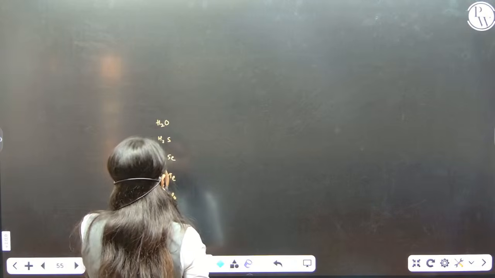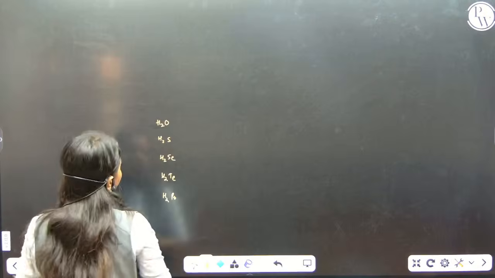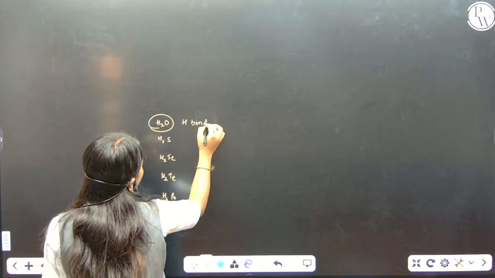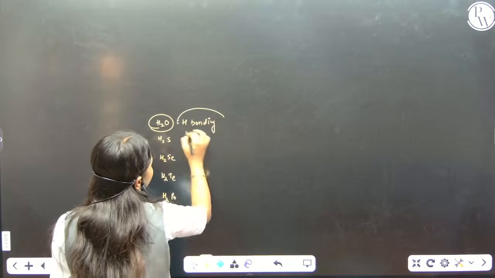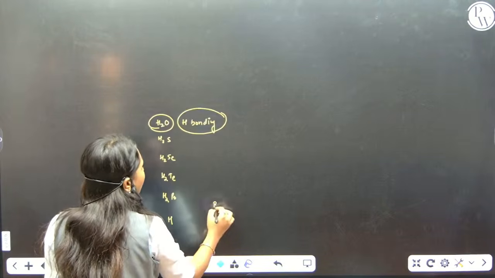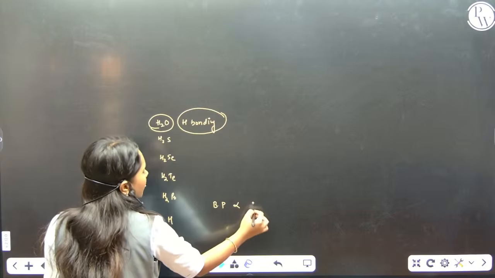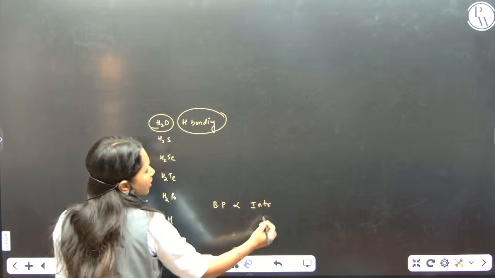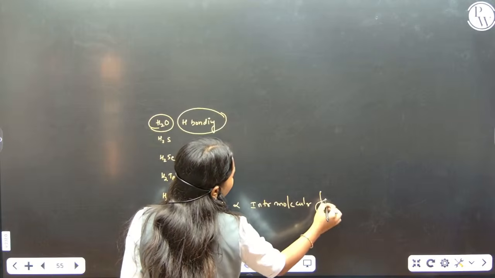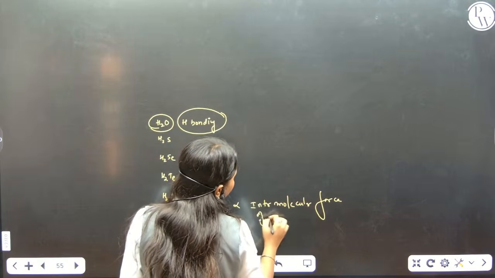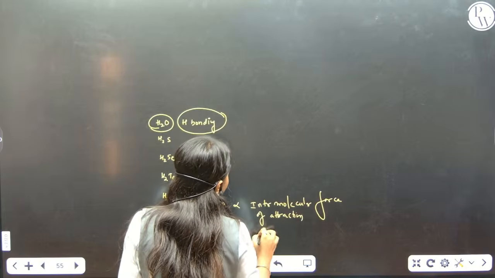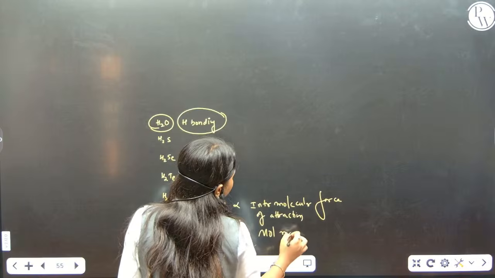Right. So what actually happens? Who shows the H bonding? They show the H bonding, right? So boiling point depends upon two factors: intermolecular force of attraction, or molecular mass, right?